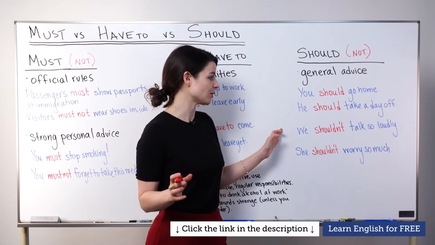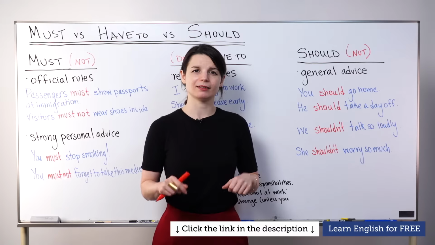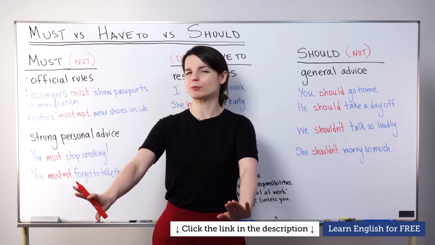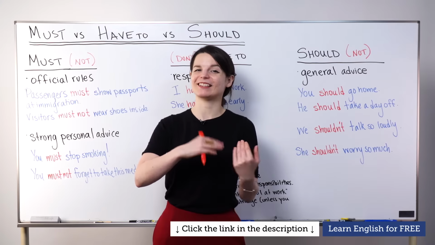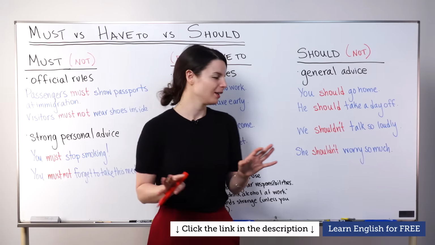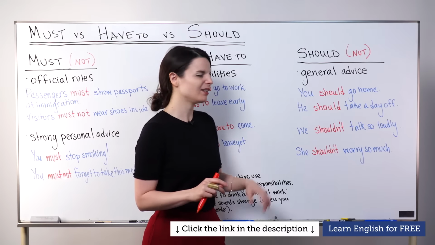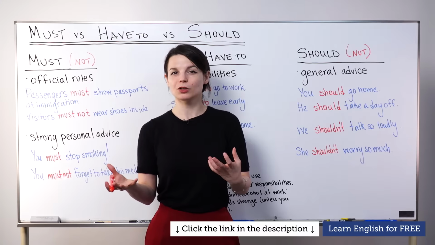Similarly, using have to here, we don't have to talk so loudly. That expresses lack of responsibility. We don't have to talk so loudly, but we can, is kind of the idea there. So this doesn't sound natural. Same here. She doesn't have to worry so much. This could be used, perhaps.